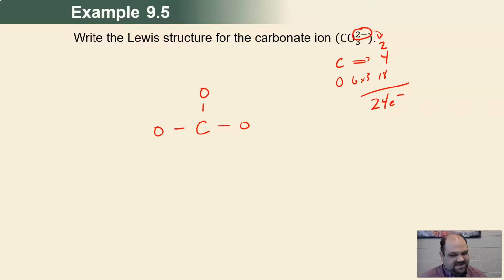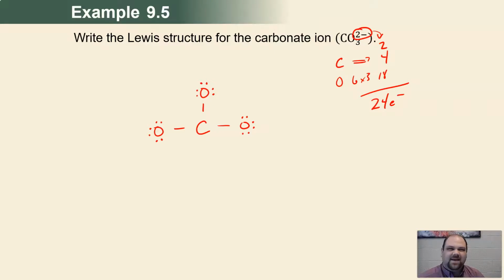We've already used 6 in bonds. And so here we go. Here's 7, 8, 9, 10, 11, 12, 13, 14, 15, 16, 17, 18, 19, 20, 21, 22, 23, 24. There are our 24 electrons.